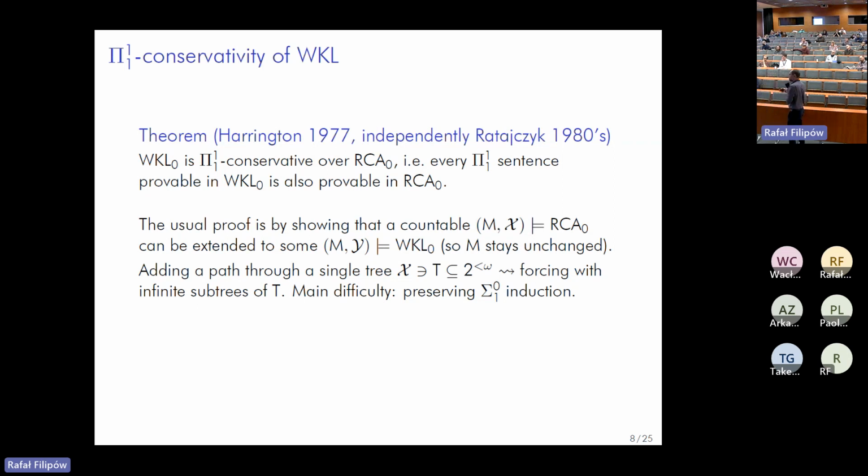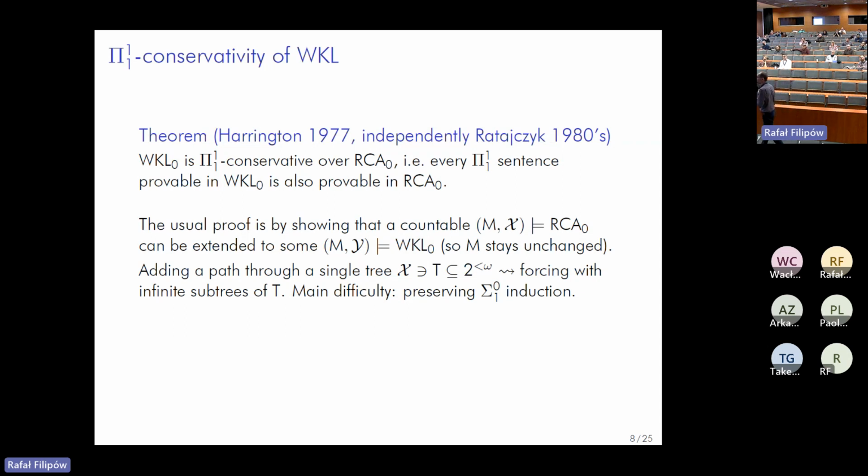That has to be countable seen from the outside as well. And you can extend that, without changing the number theoretic universe, so as to satisfy König's lemma. So you have to add these paths through binary trees.